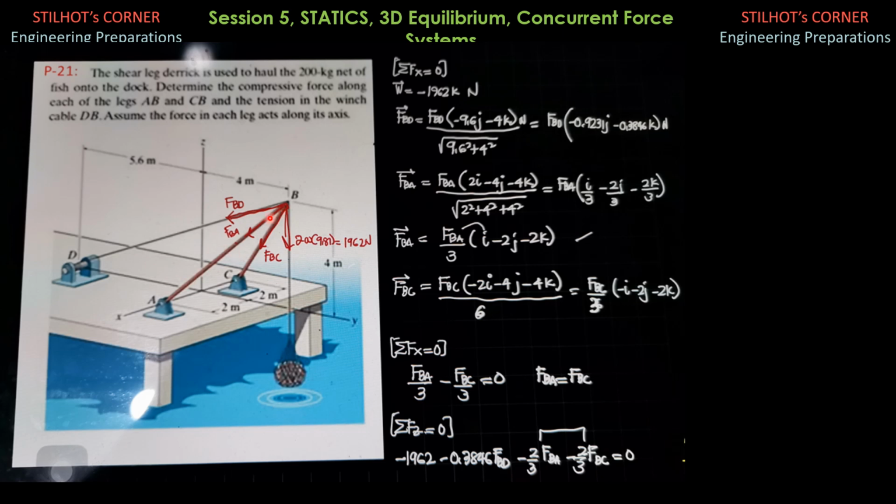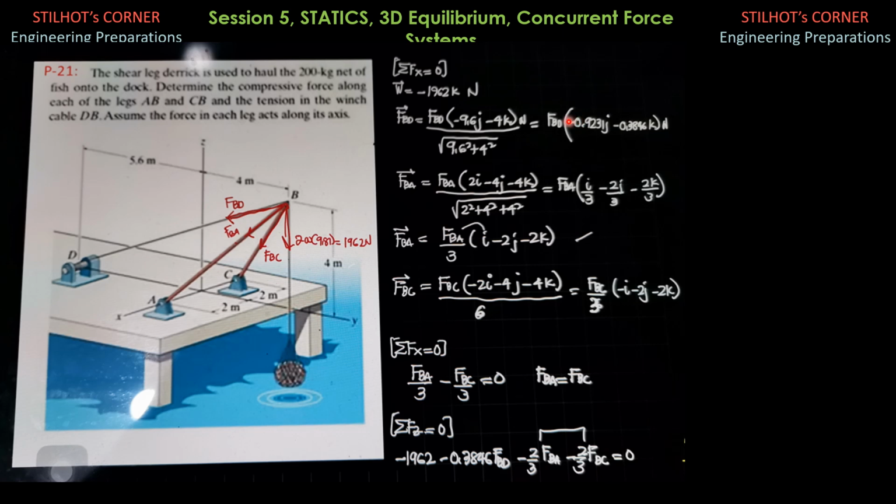Only FBA and FBC will have X component, while FBD and the weight have no X component, and they are equally distant from the YZ plane. So that's why they are equal. Then summation of forces along Z equals 0, this Z axis here.